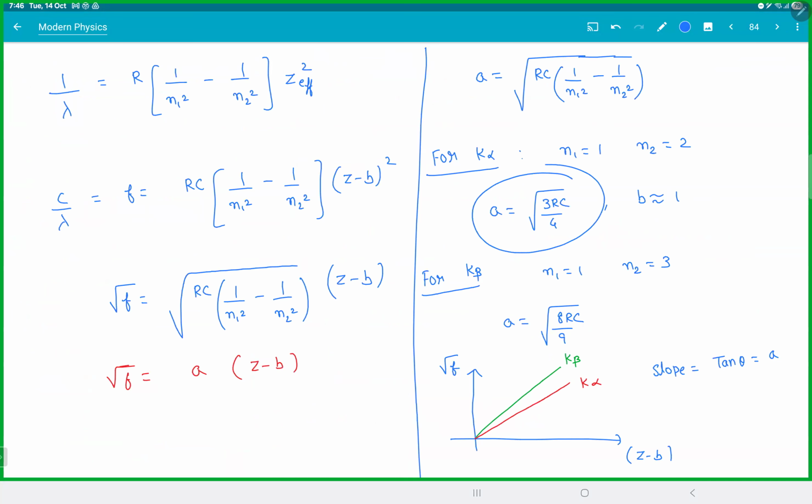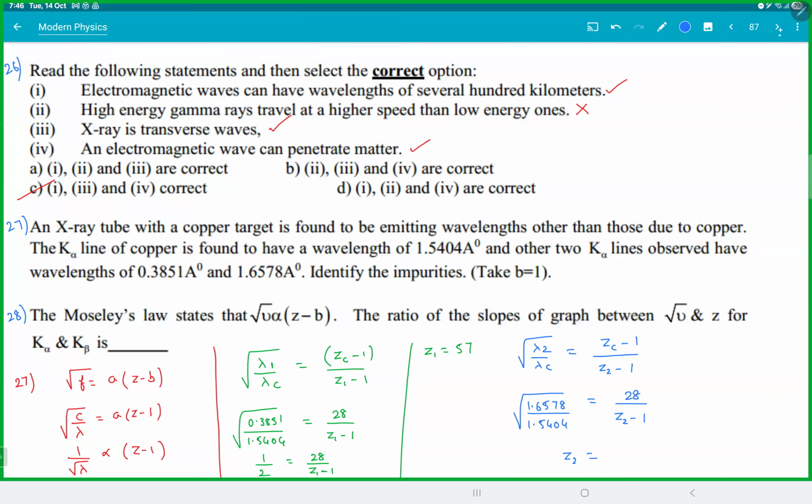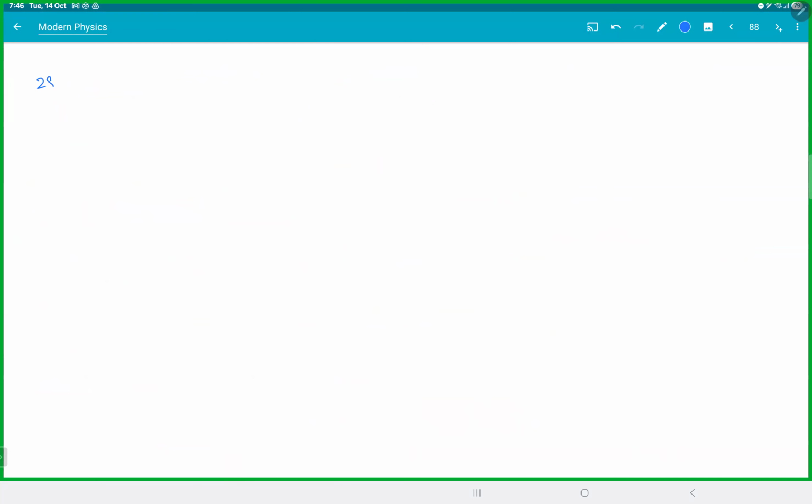This one, isn't it? This was the slope. So 1 by lambda was R into, this will be root frequency, which is root C by lambda.